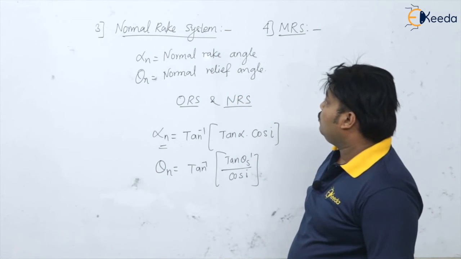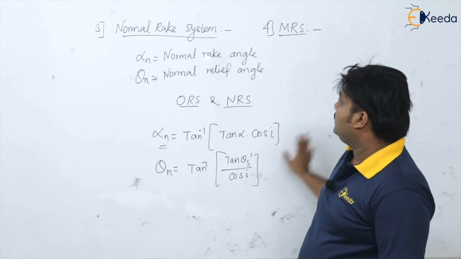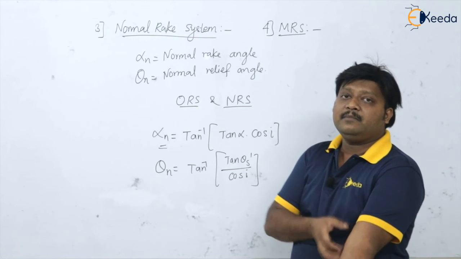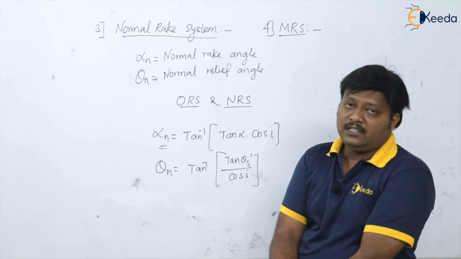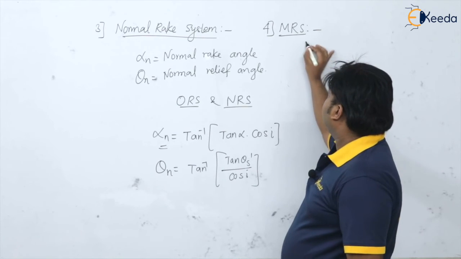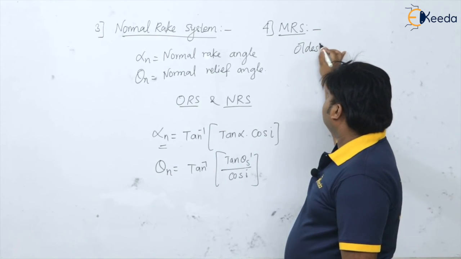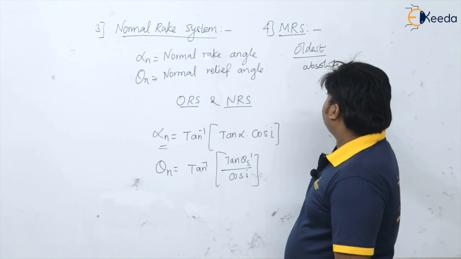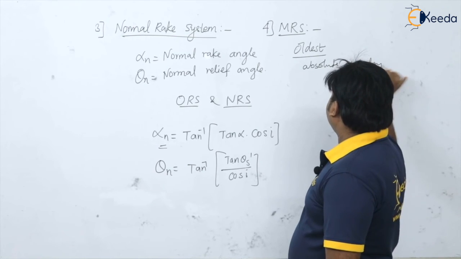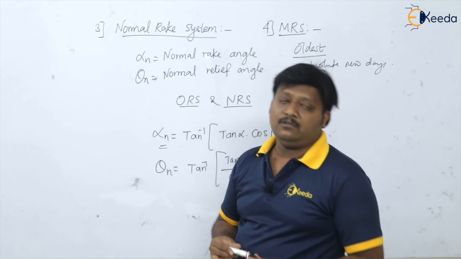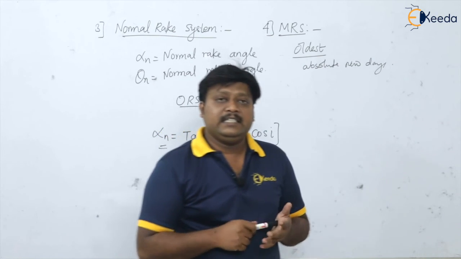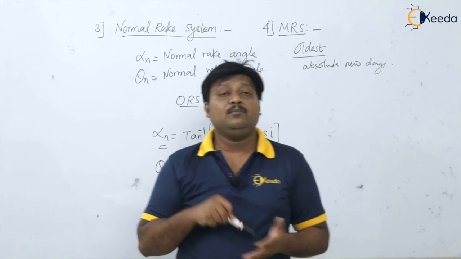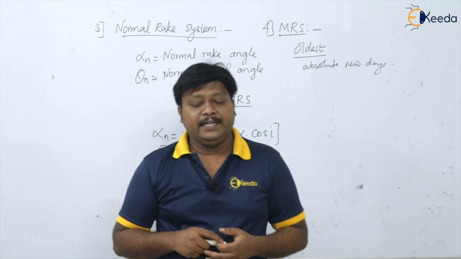Mostly we are using the ASA system and the ORS system. So these are the four tool designating systems, or tool signatures, we have seen for the single point cutting tool. Okay, thank you.